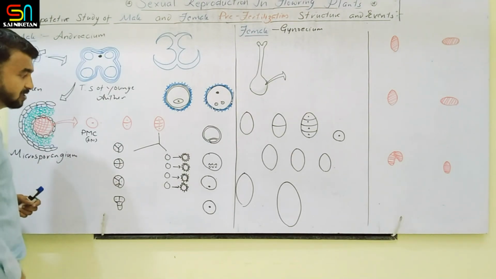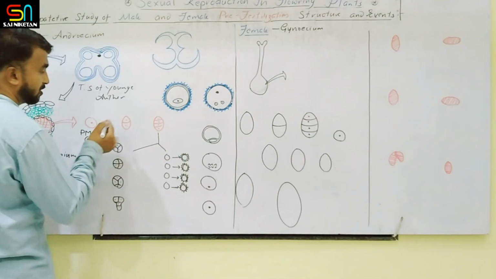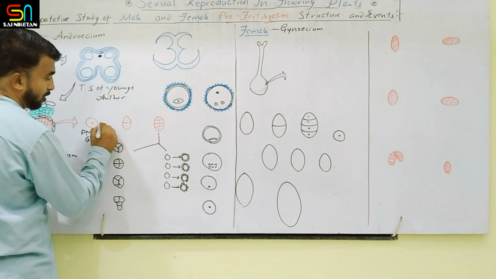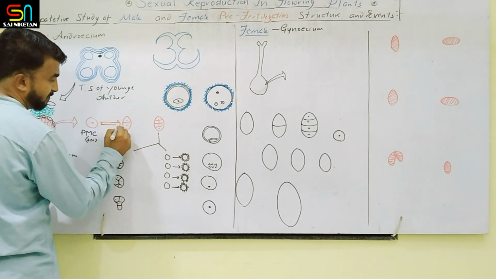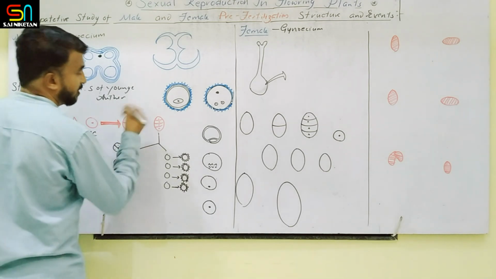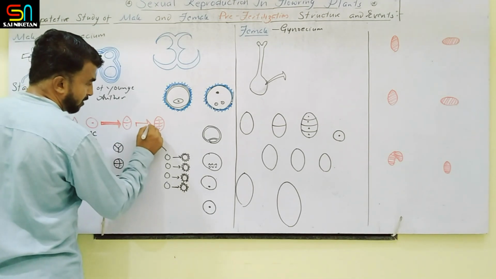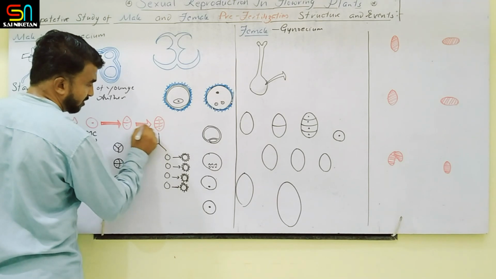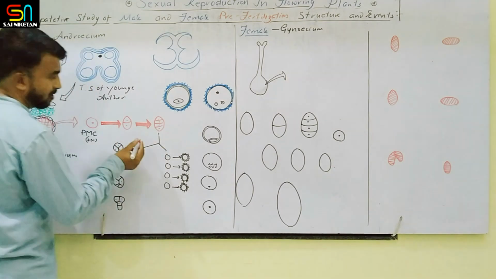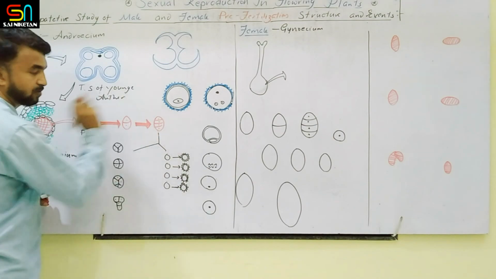Now one major event occurs, that is microsporogenesis. The pollen mother cell undergoes the first meiotic division and produces 2 microspores, followed by another meiotic division that produces 4 microspores, but all microspores are held together by a common bond.